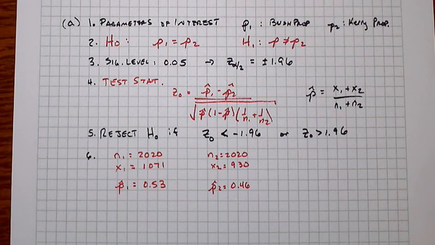This is a little different because we're actually only polling 2020, and we're going to treat that 2020 twice and get two different proportions. If you add up the proportions, they're not supposed to equal 1. There's another fraction out there that might have done something other than these two particular candidates.